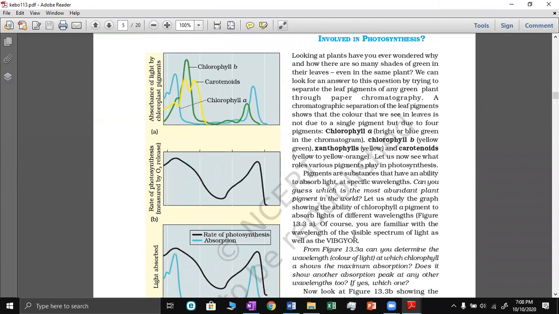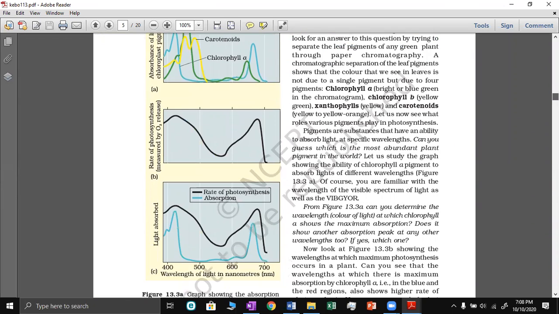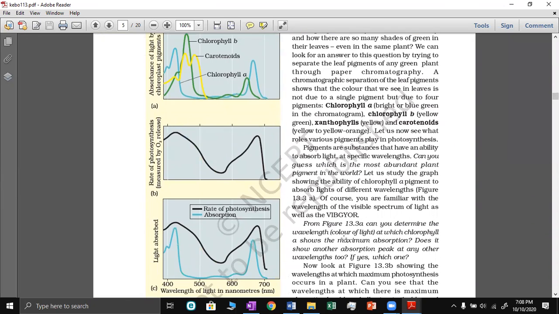Okay, you can see here these graphs of the absorption of light by chloroplast pigments.